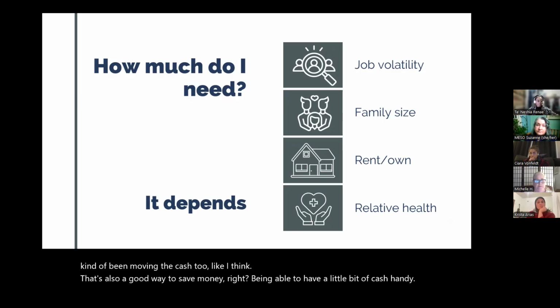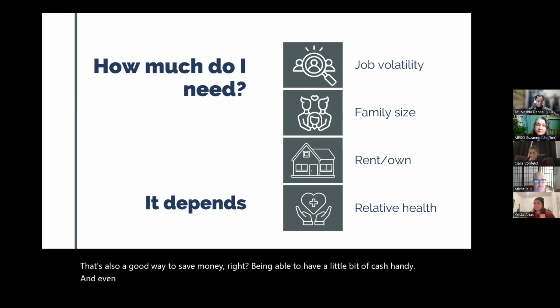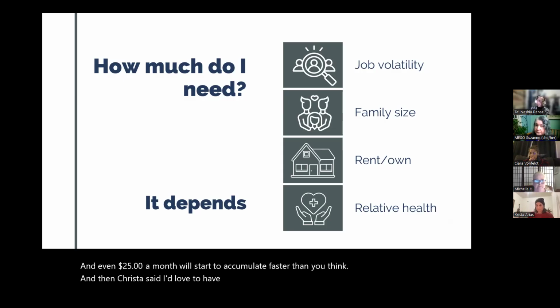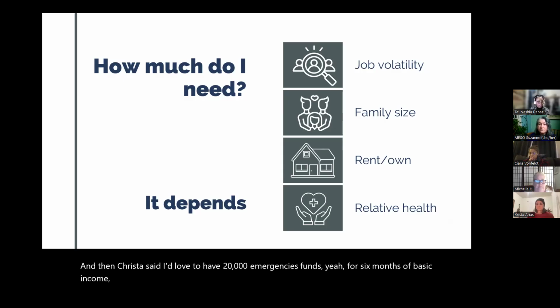And even $25 a month will start to accumulate faster than you think. And then Krista said, I'd love to have 20,000 in emergency funds for 6 months of basic income. But in the past, when we have emergencies, we get roommates or other hustles. I love that. Just to keep it going.